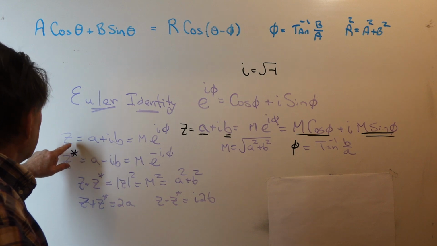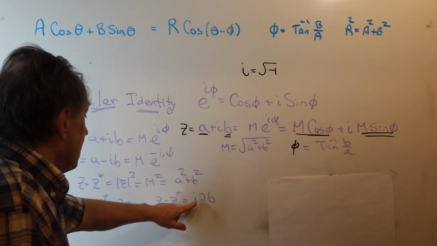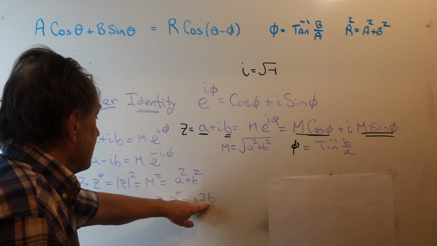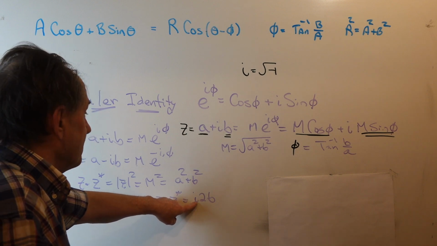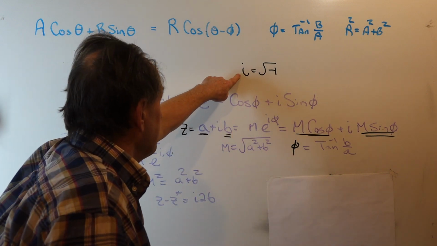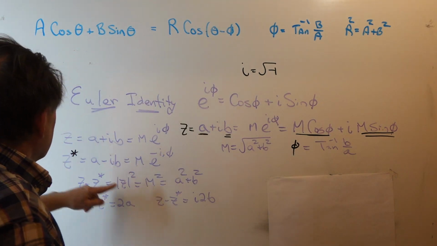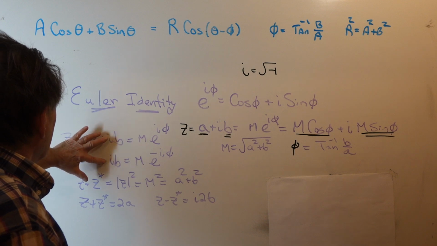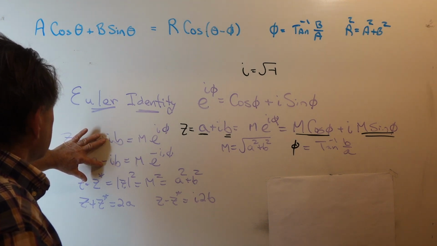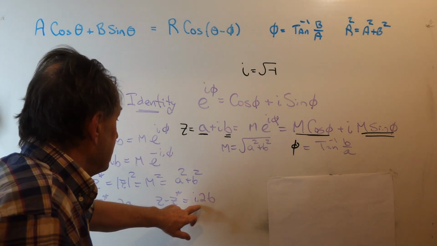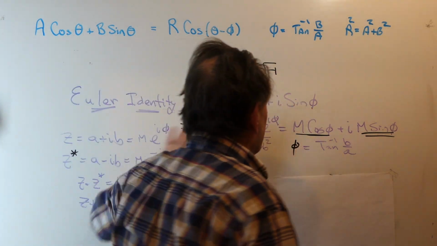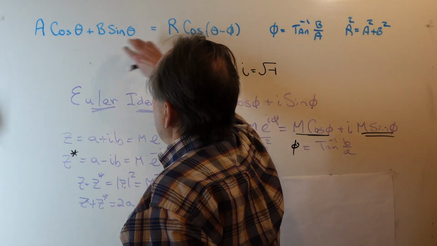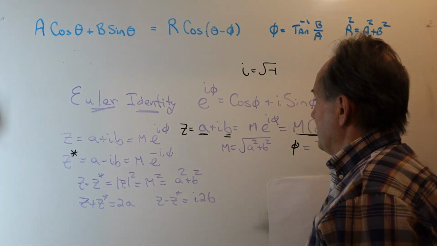And if we subtract them, z minus its conjugate, we get twice the imaginary part times the imaginary unit, i. This is called the imaginary unit. So we can see that z minus z conjugate, the a's go out, and the two imaginary parts add. So we get 2b times i. So these properties we'll be using in proving this particular relationship.